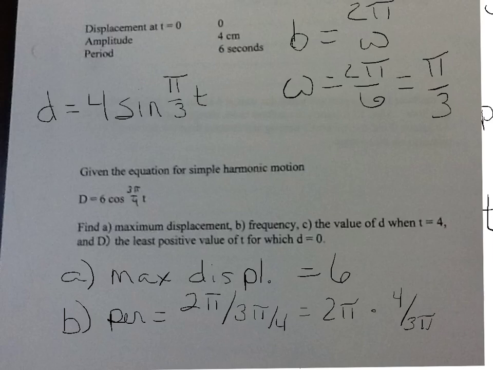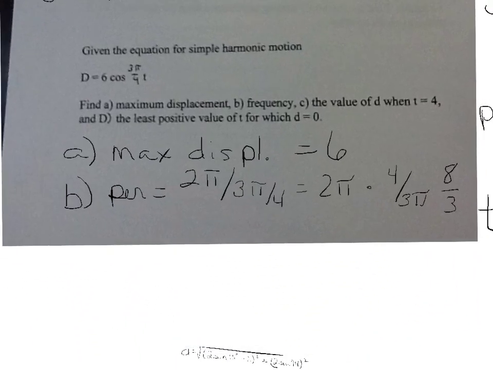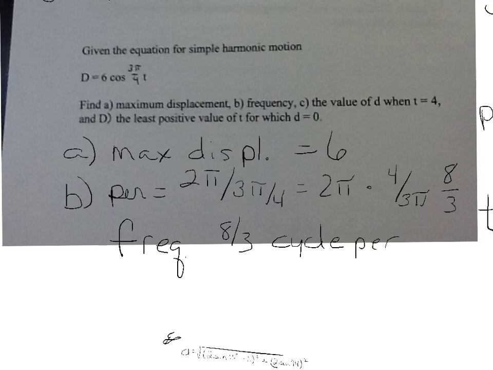So that's 8/3. So what's the frequency? Okay, the frequency is 8/3 cycle per whatever our unit of time is.